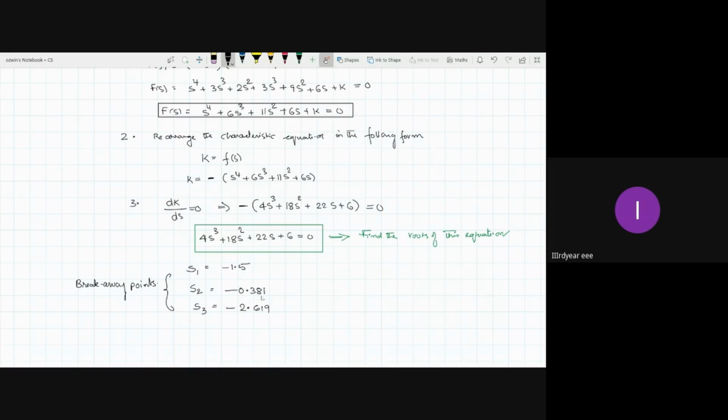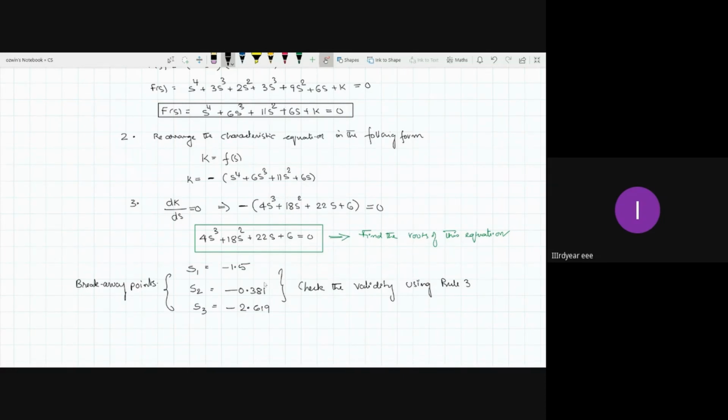Now your rule number 3 comes into picture, in the sense, check the validity using rule 3. All the roots may not be valid breakaway points; only a few may be valid.